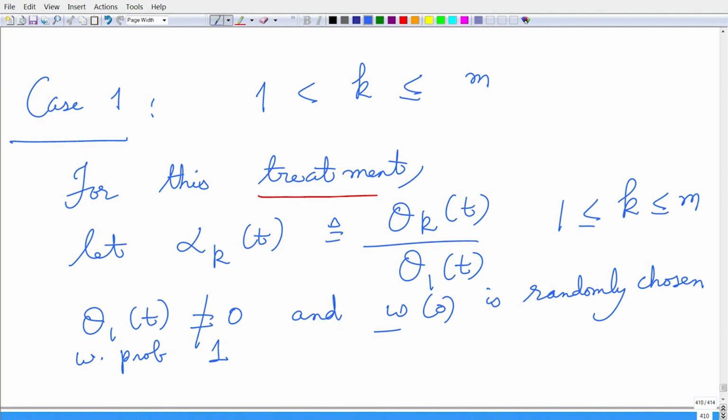And theta 1 of t is not equal to 0 with probability 1, and the weight at time step 0 is randomly chosen according to some distribution. They are small random values.